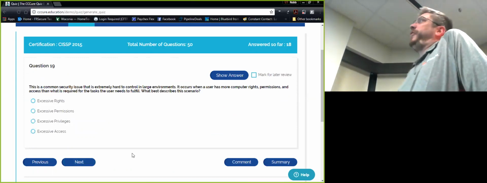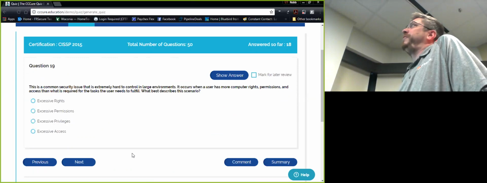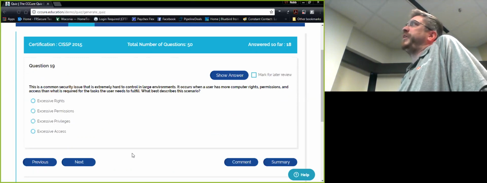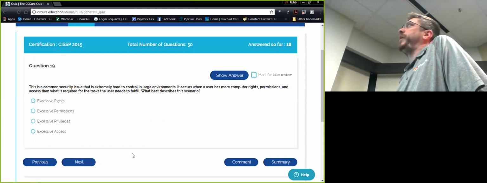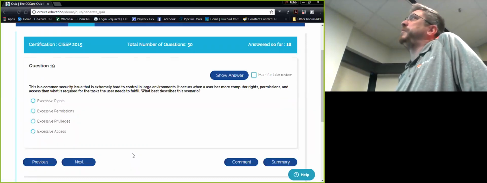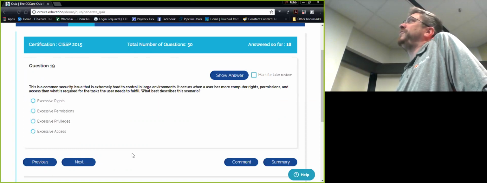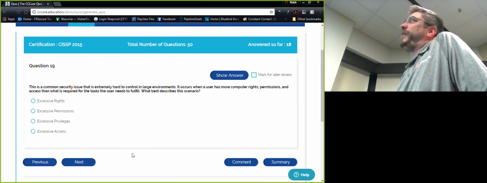This is a common security issue that is extremely hard to control in large environments. It occurs when a user has more rights, permissions, and access than what is required. What best describes the scenario? Excessive rights, excessive permissions, excessive privileges, or excessive access? Really they'd be the same, right? All of those are correct.